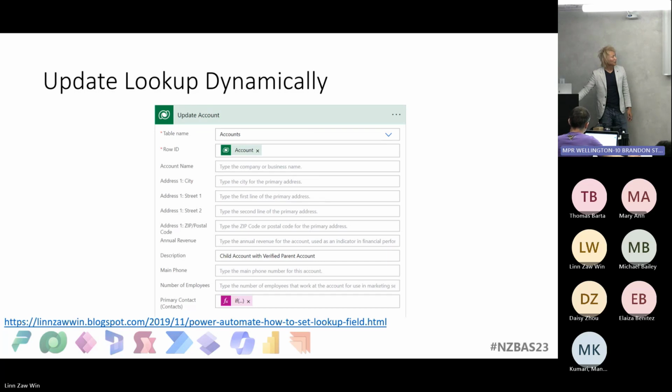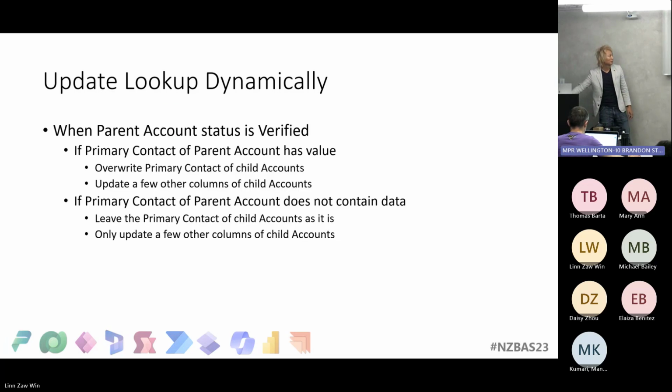Actually, that was supposed to be a demo, but what I was trying to do is I just want to update the lookup dynamically. So let's say we have the parent account and all these child accounts. And if the parent account has a lookup value in the primary contact, update the value of the child records.